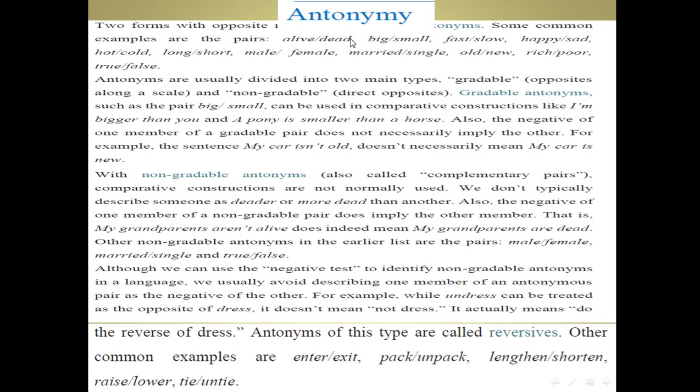We call them antonyms. Some common examples are alive and dead. Two words with opposite meanings, so we can say they are opposites of each other, or they are antonyms. What else? Big and small, they are antonyms.